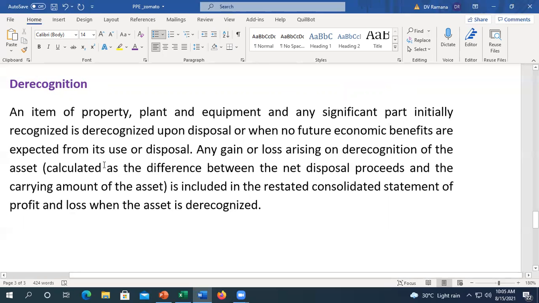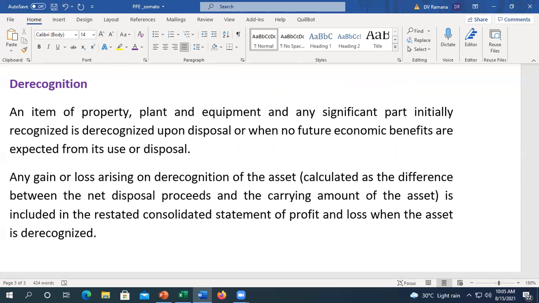An item of PPE, or any significant part initially recognized, can be de-recognized upon disposal, when we find or feel that there is no future economic benefit. So when we de-recognize, either by sale or just for the purpose of removing it from the balance sheet, any gain or loss arising from the de-recognition has to be shown on the income statement.